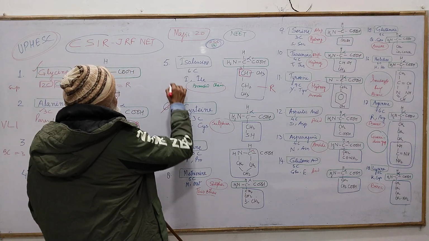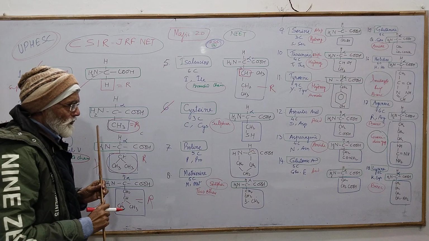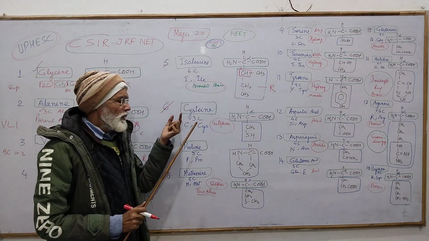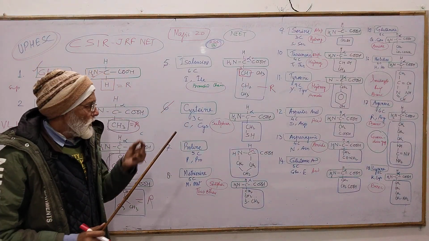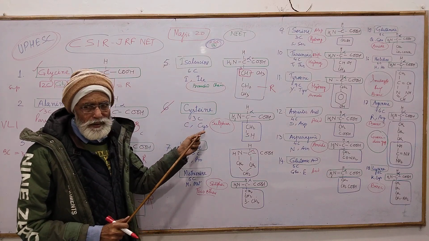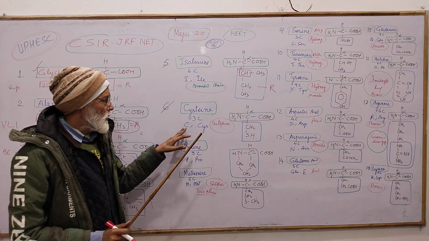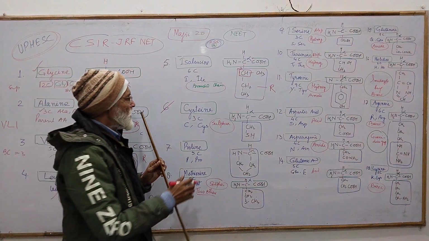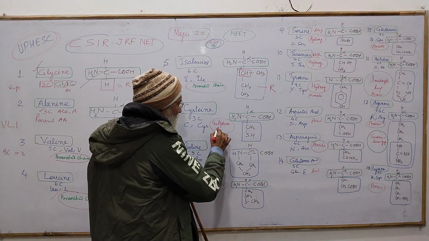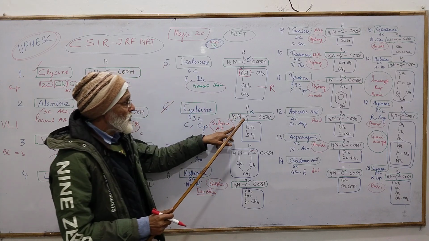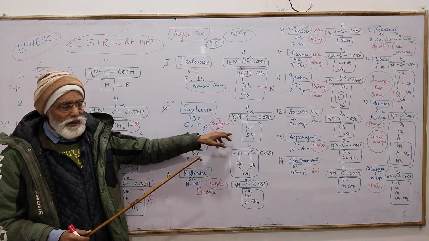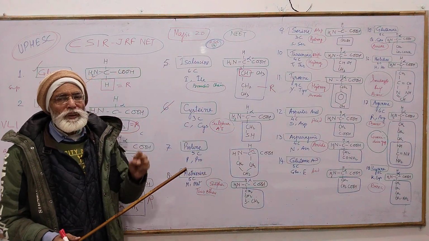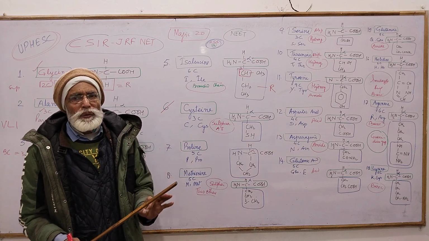Now the next amino acid: 3 carbons, 3 letter abbreviation CYS and single letter abbreviation C. Now what is the importance here? This is the sulfur containing amino acid. For your kind information, sulfur containing. Another question: which amino acid contains a sulfhydryl group?